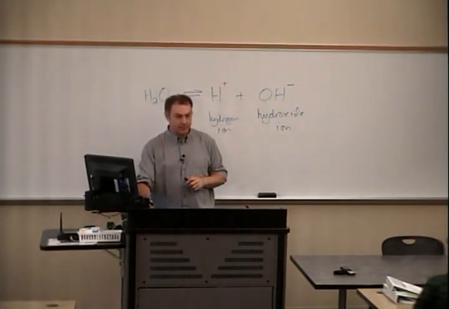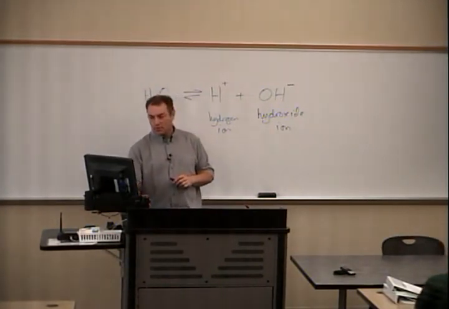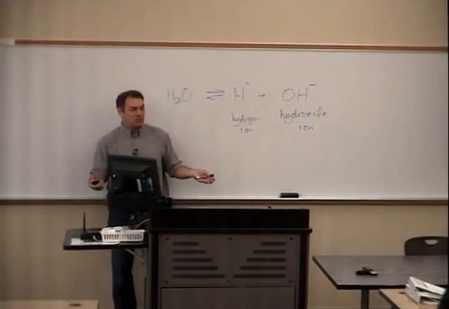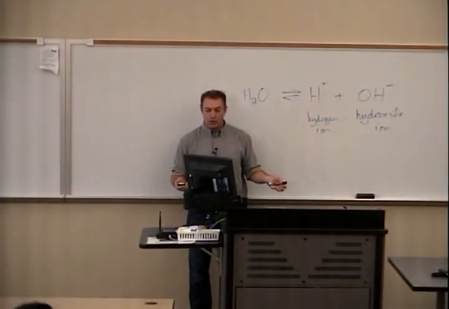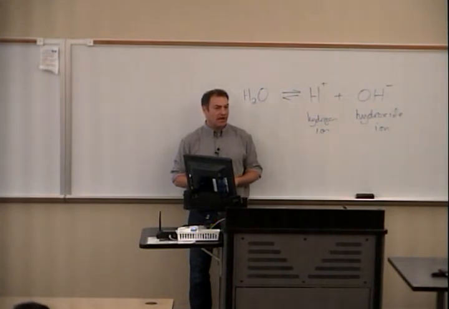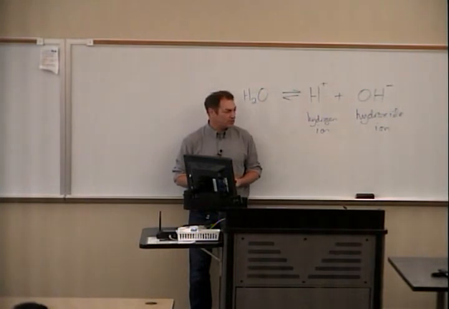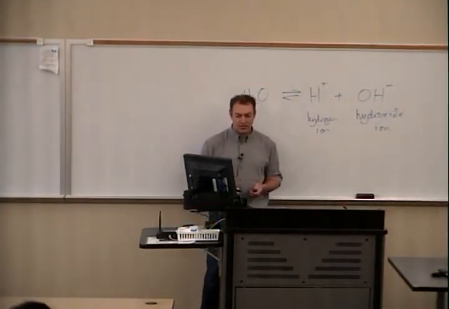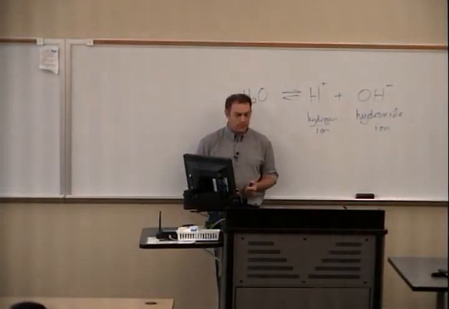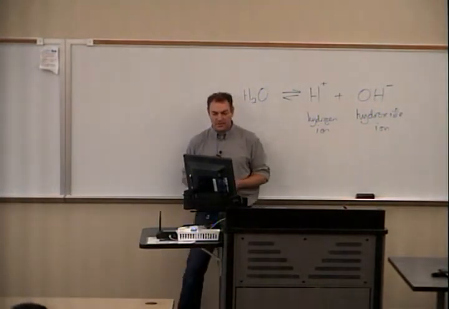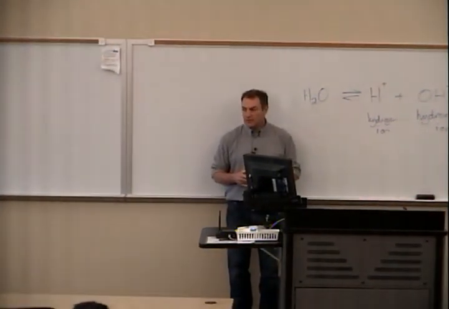We're going to say that a water molecule dissociates into a hydrogen ion and a hydroxide ion. Hydrogen ion is one positive charge, the hydroxide ion is a negative charge. There's our hydrogen ion, there's our hydroxide ion.